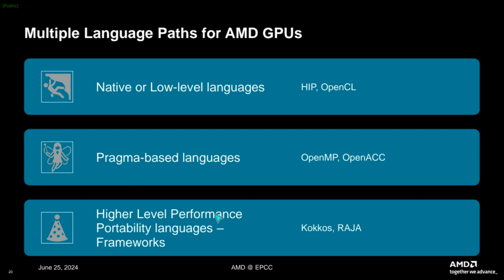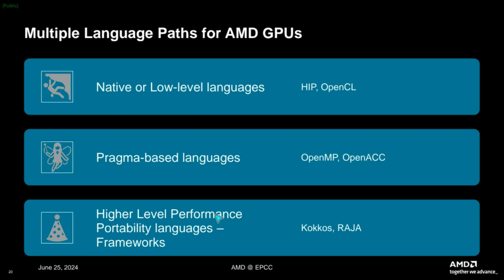It depends on the characteristics of your application, and it also depends on your developers. What are they comfortable with? So we'll cover 3 different classes here. One is the native or low-level languages where you're close to the hardware, and that's sort of like a rock climber. You still have to have a lot of skill for that.